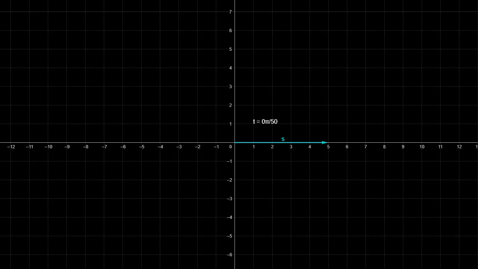Okay, and then we start just going from there, and I'm doing it in steps of basically pi 50ths, it looks like. You can see that when we do this, we get a circle.